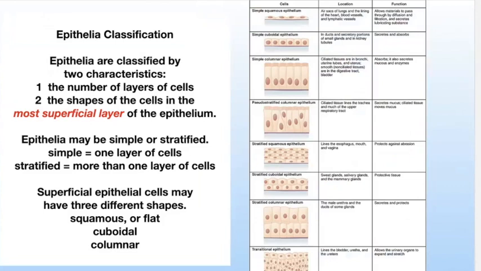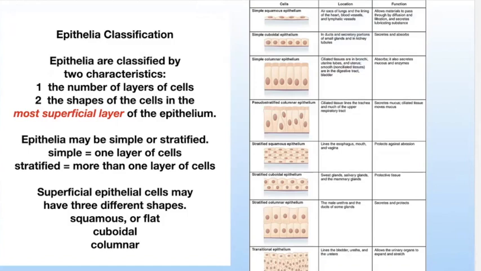Epithelia are classified by 2 structures: the number of layers of cells in the epithelia and the shape of the cells in the epithelium. But in particular, the shape of the most superficial layer of the epithelium. And that's important because sometimes the superficial cells and the deeper cells in an epithelium have different shapes.